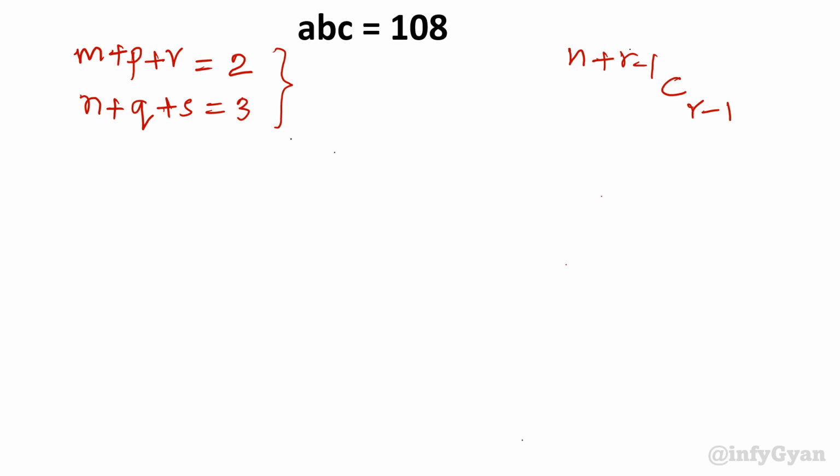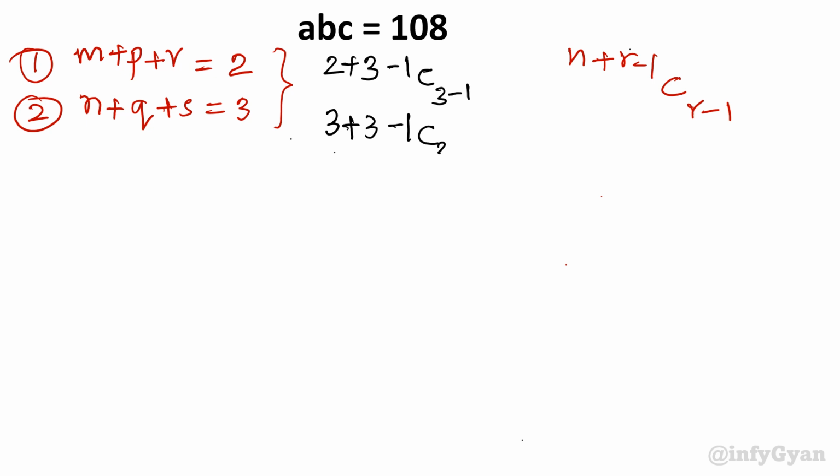This is equation number 1 and equation number 2. For equation 1, it will be 2 plus 3 minus 1 C 3 minus 1. And from the second equation we will write 3 plus 3 minus 1 C 3 minus 1.